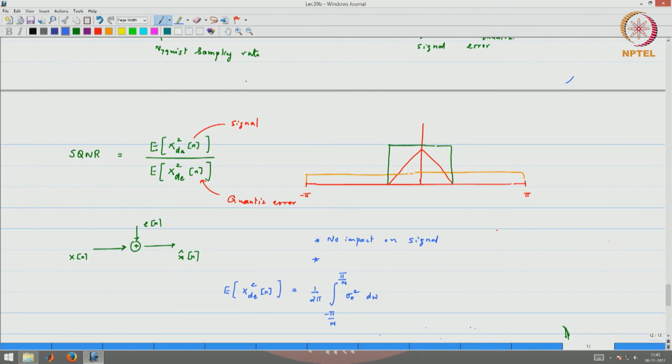If you go through the process, this should come out to be delta squared by 12 times 1 over m times the sigma E squared. So, this is a huge advantage, because now your signal to quantization noise ratio formula is slightly different.